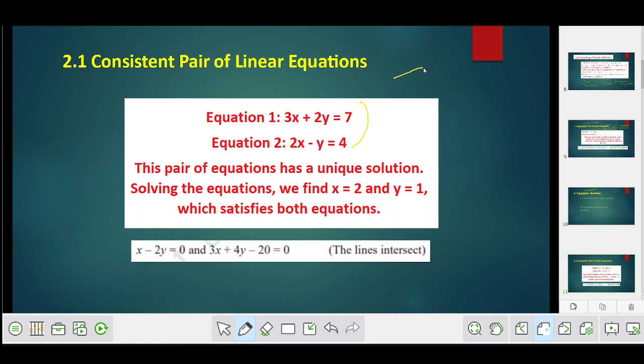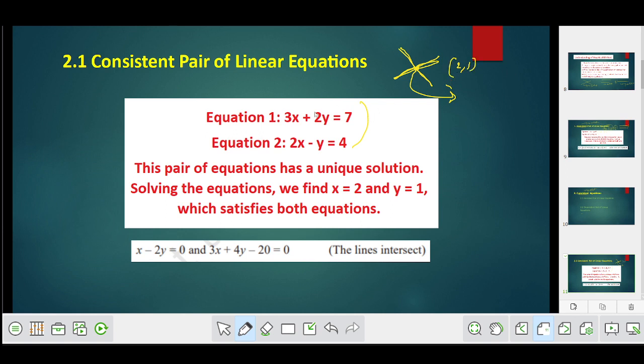If this is equation 1 and this is equation 2, they will intersect each other. This is the intersection point of equation 1 and equation 2. We can find one unique value which satisfies both equations. Here x equal to 1 and y equal to 2 is the solution.